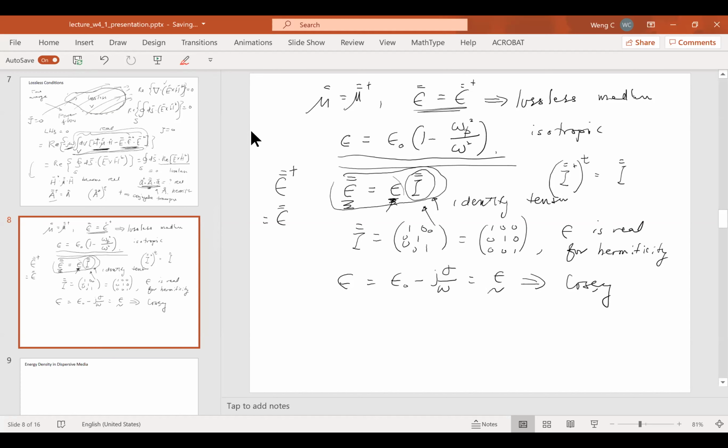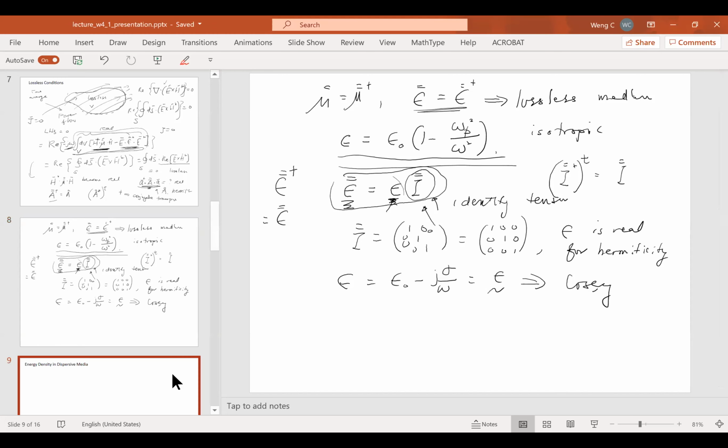And using this point, you can easily figure out what should be lossy and what shouldn't be lossy, okay? Any questions so far before we move on to a different topic? Okay, this is a very useful piece of knowledge. I think it should be something that you should keep in mind.